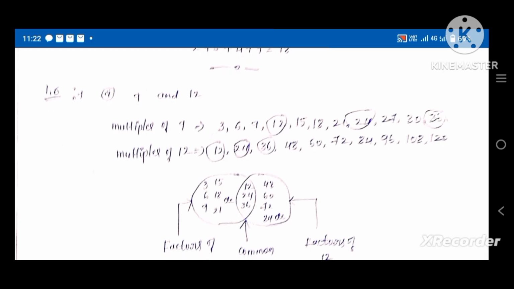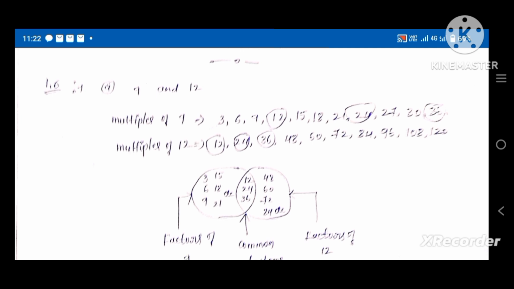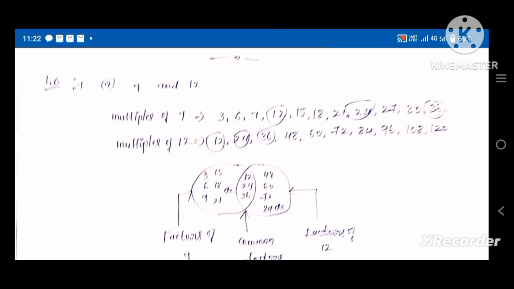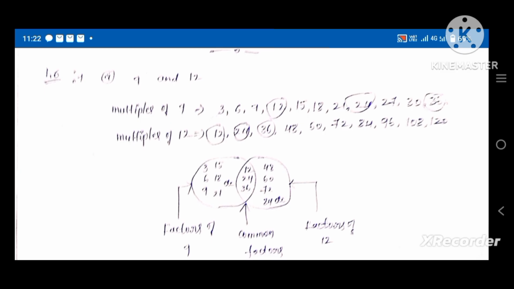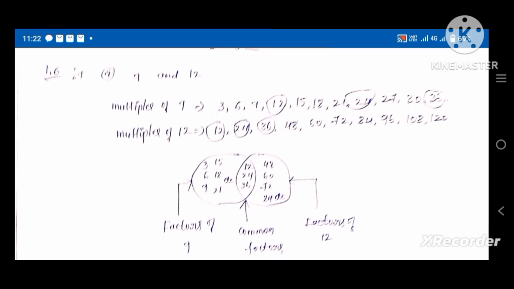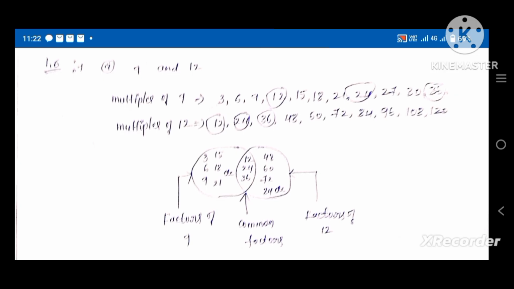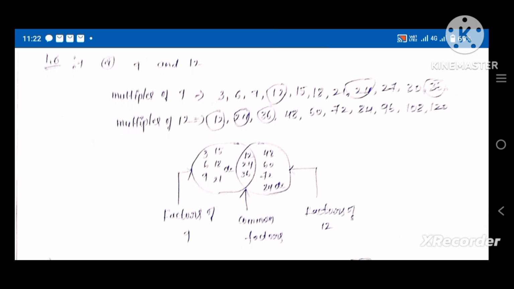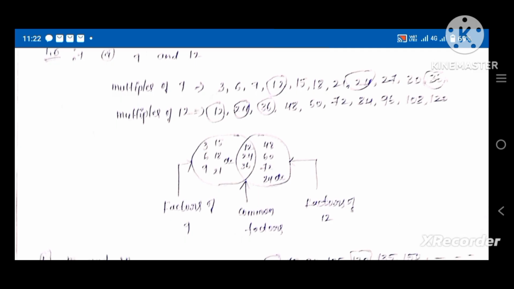1.6. Common multiples of 12 and 9. Multiples of 9 are 3, 6, 9, 12, 15, 18, 21, 24, 27, 30.